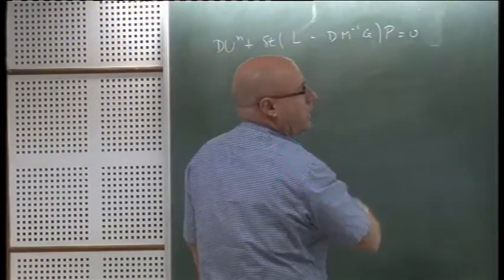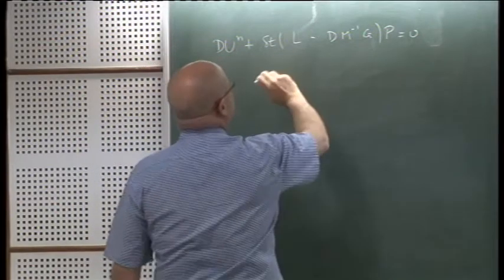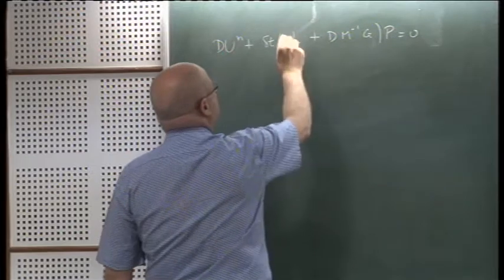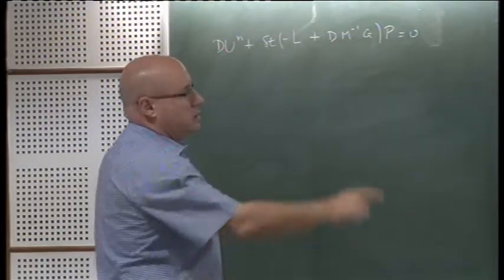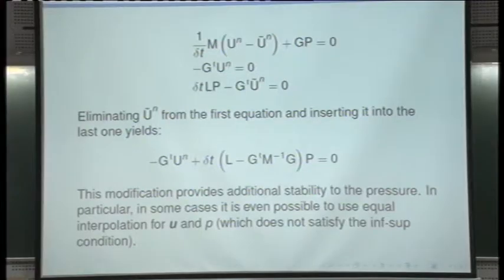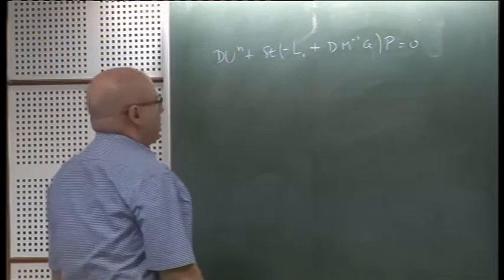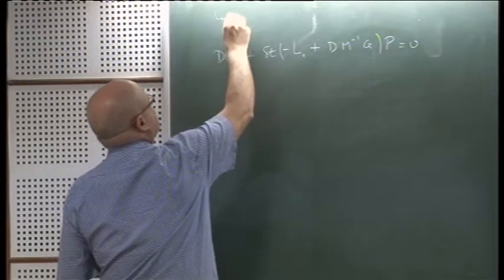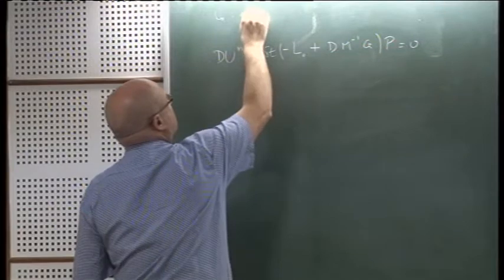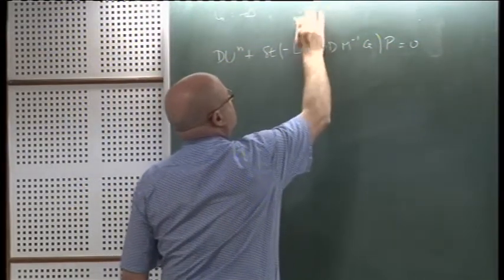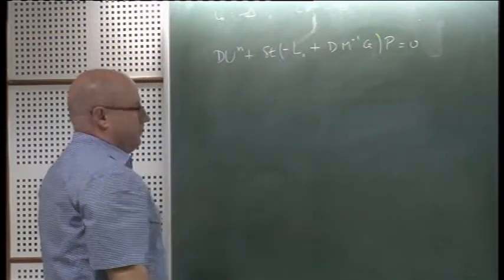I have to put a plus, but this is minus the Laplacian. So let's write it this way, to distinguish between this one and this one: L0 is the matrix of minus the Laplacian, and the L that appears there is also the matrix of minus the Laplacian.